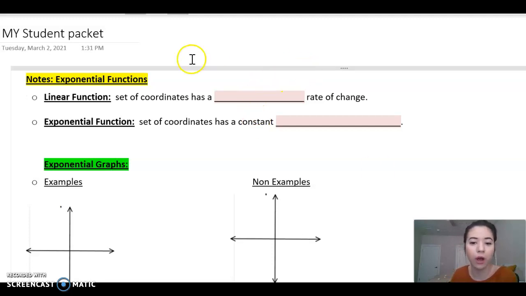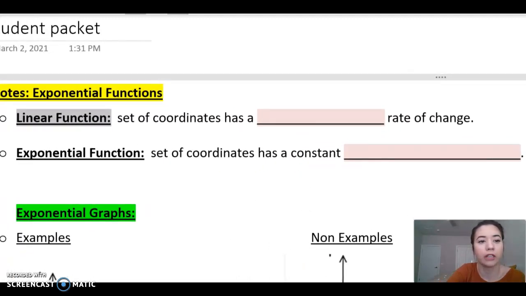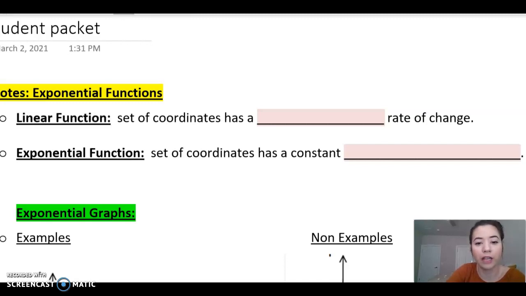In Try 1 and 2, we focused a lot on linear functions. So where we have lines, we graph lines. We have linear systems where we have two lines on a graph. And I want us to remember that a linear function means that the set of coordinates has a constant rate of change.